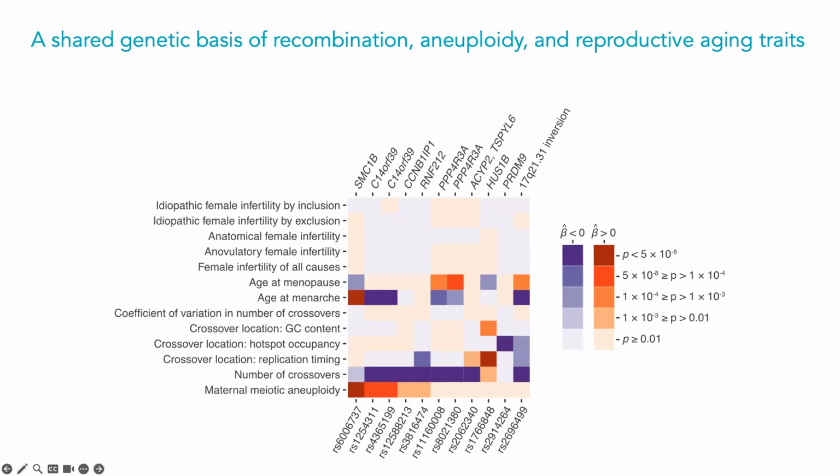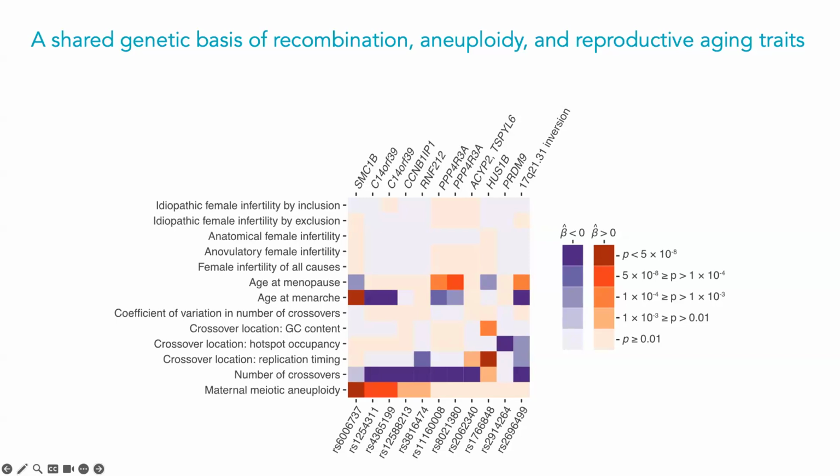We can identify additional associations for our recombination GWAS, where these genetic variants are genome-wide significantly associated with recombination phenotypes. And while they didn't meet the multiple testing genome-wide significance threshold, we can also pick up smaller associations that we think are probably real with aneuploidy in the same direction.